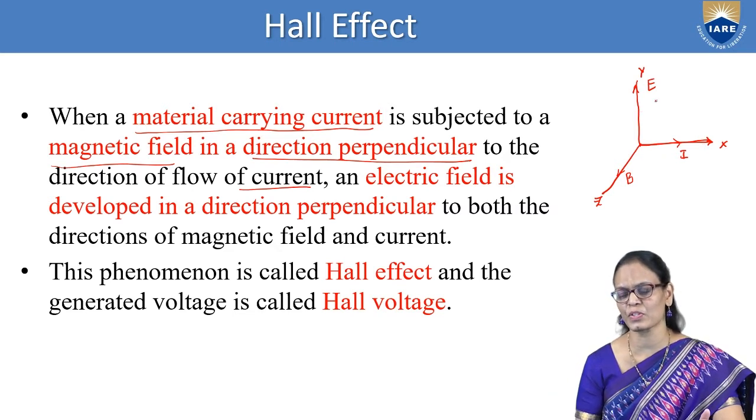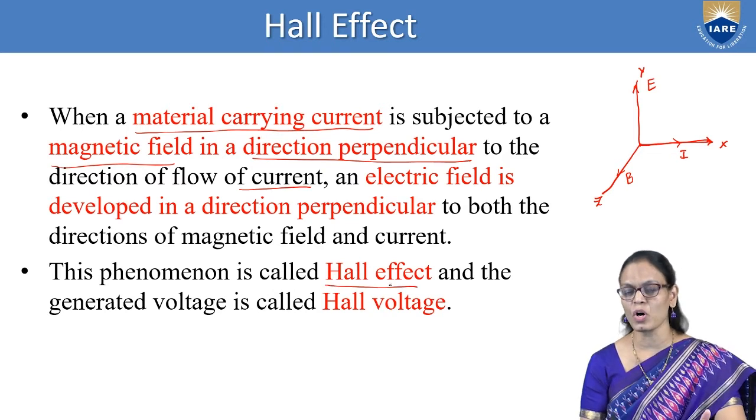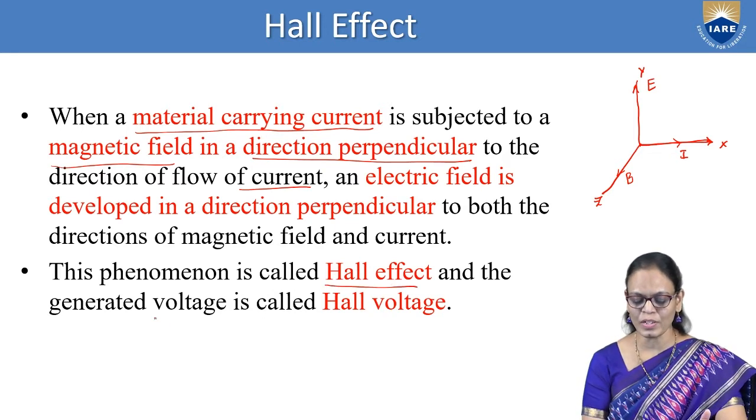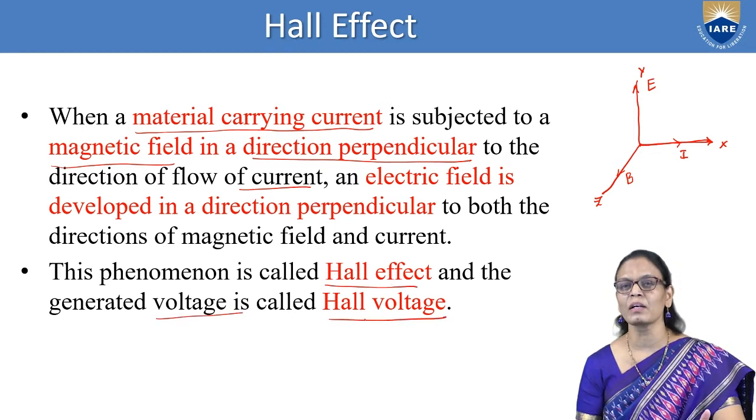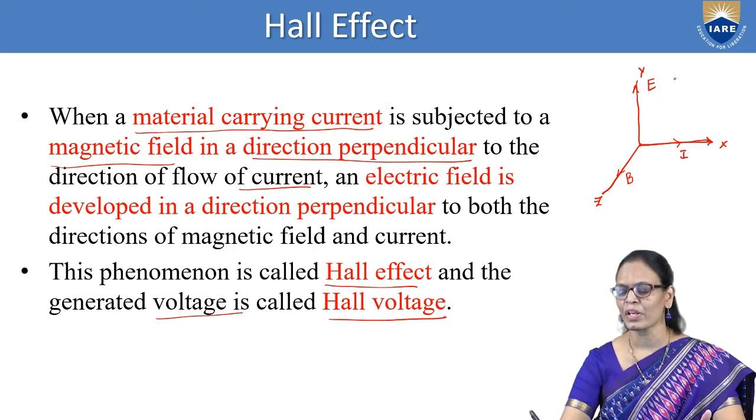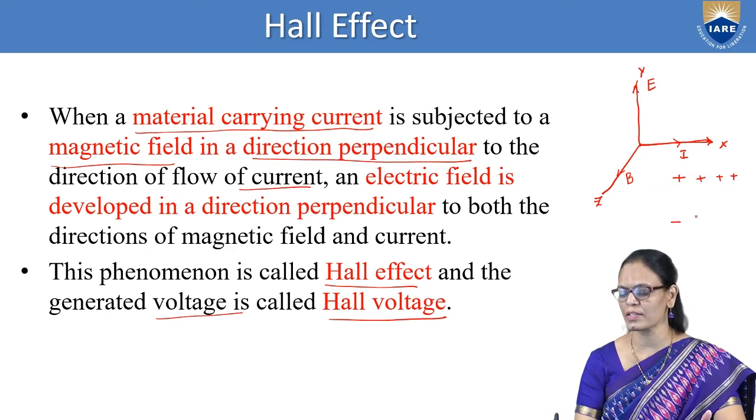That is why I have represented them by the X, Y and the Z axis. Now this effect which we are seeing here, we call it Hall effect, and the voltage that is developed is called the Hall voltage. Whenever we are talking about an electric field, we will have a separation of charges, positive and negative. Suppose we have positive charges here and negative here, there is always a field developed between the two.